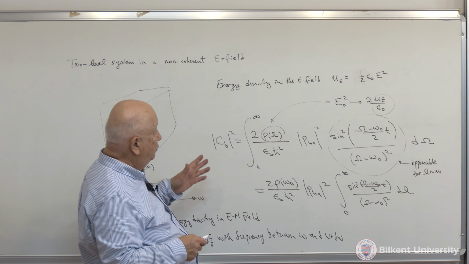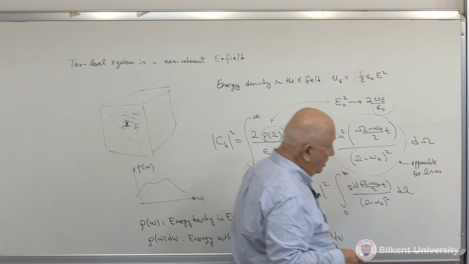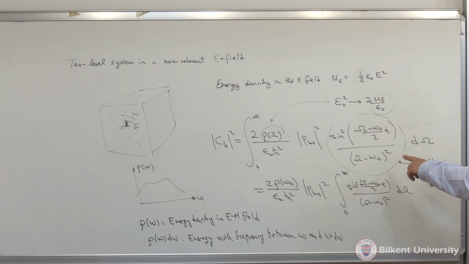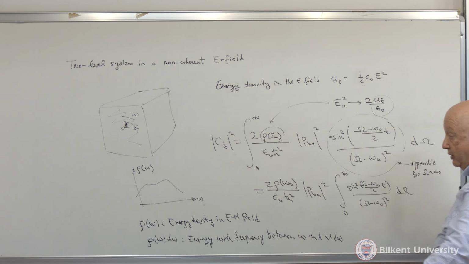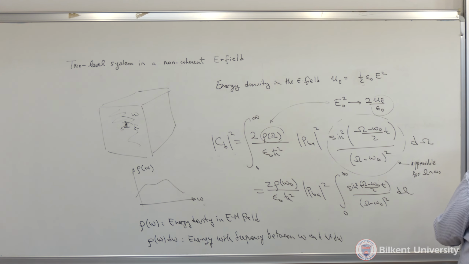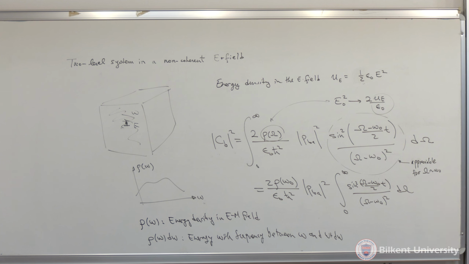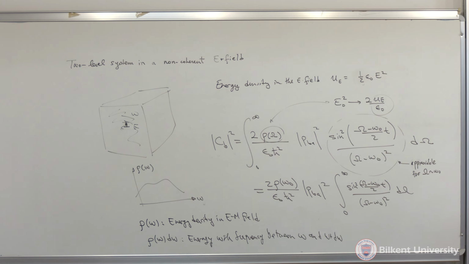So, what do we get out of this? You see, this is the same type of integral that I did earlier, and it's going to give us a simple result. So we already did that integral over there.